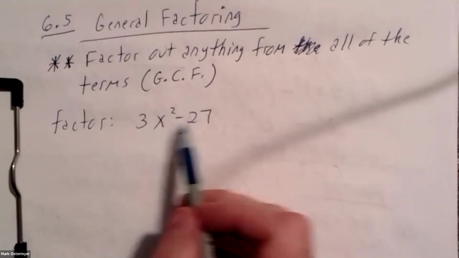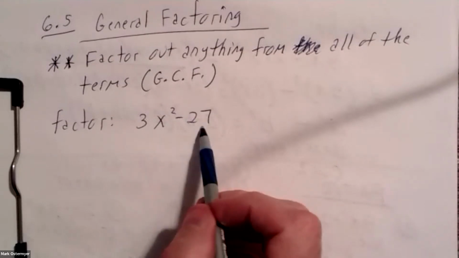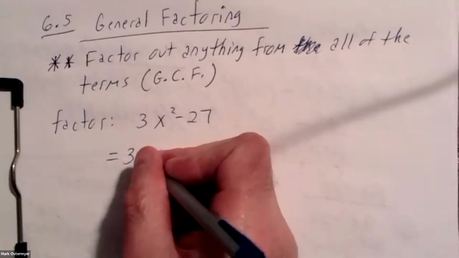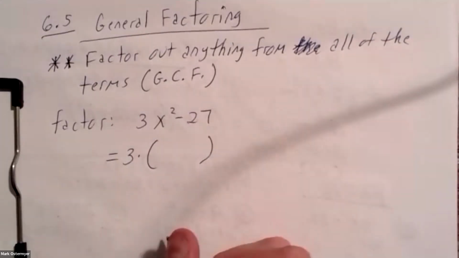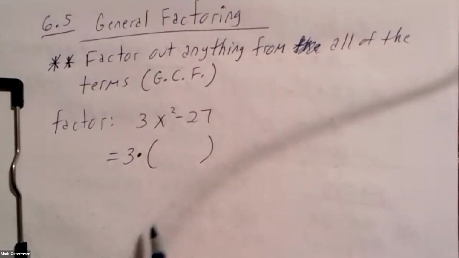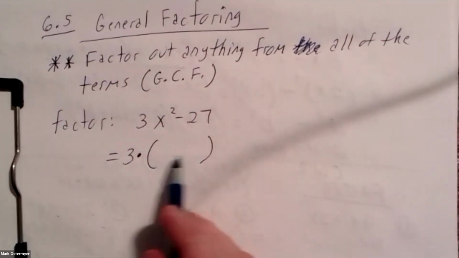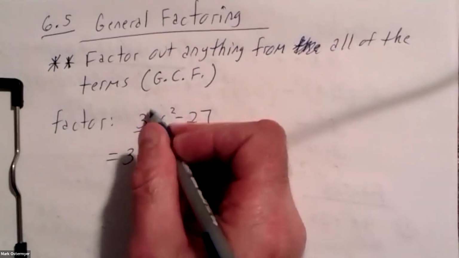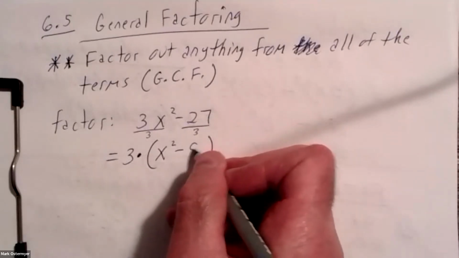Can I factor anything out of both these terms first? The 3? Yeah, we have to pull the 3 out first. Don't forget to do that. When you factor 3 out of 3x squared, what do you leave behind? x squared. When you factor 3 out of 27, what do you leave behind?